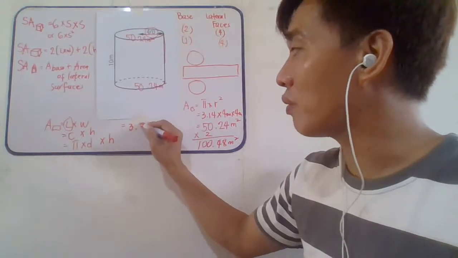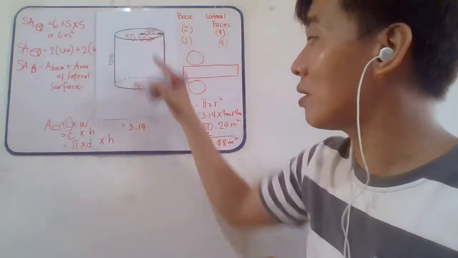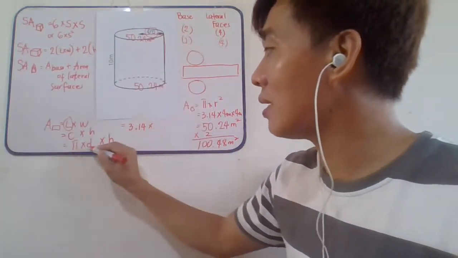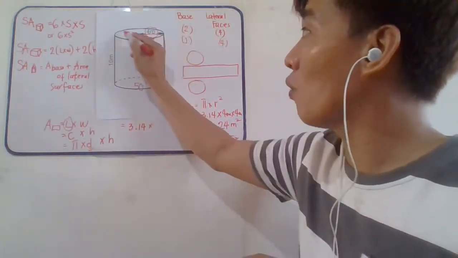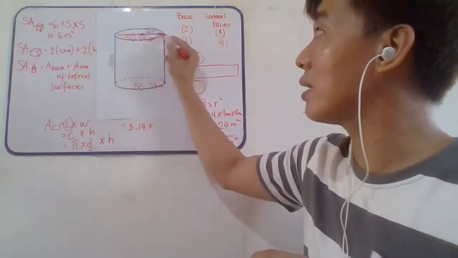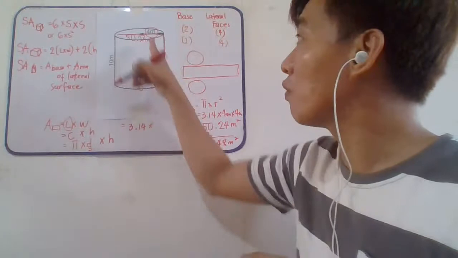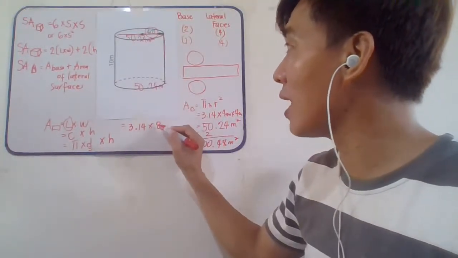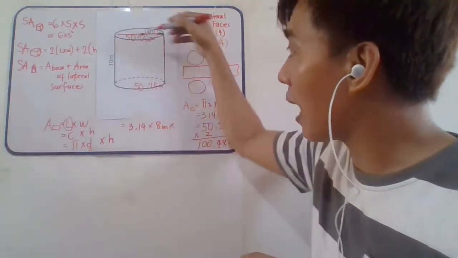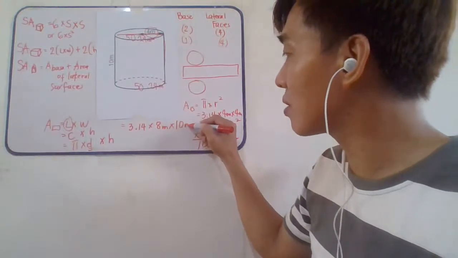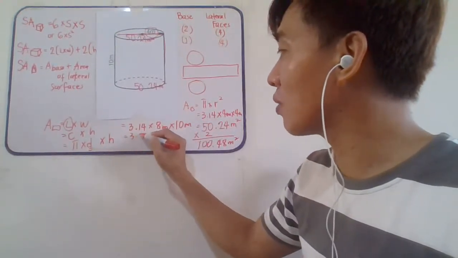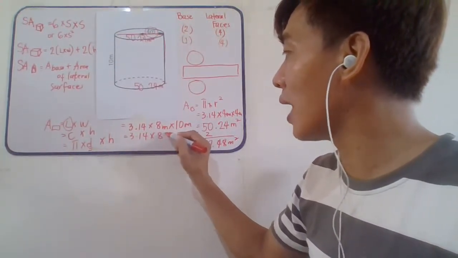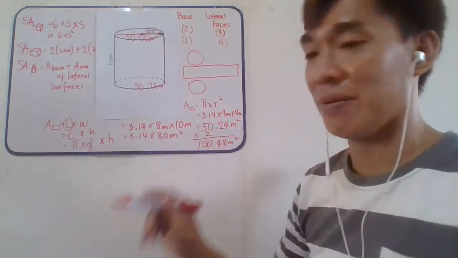Pi is 3.14. The diameter, or the d here, is twice the radius. So 4 plus 4, that is equal to 8 meters, times the height, which is 10 meters. So that is equal to 3.14 times 80 meters squared.